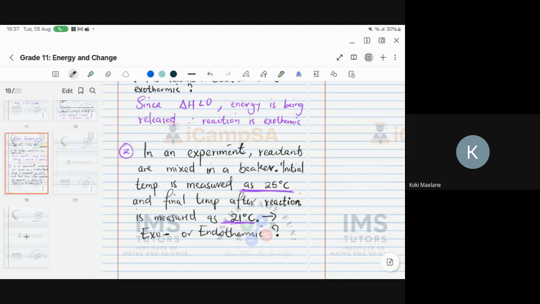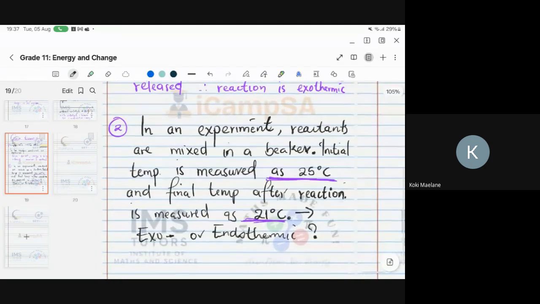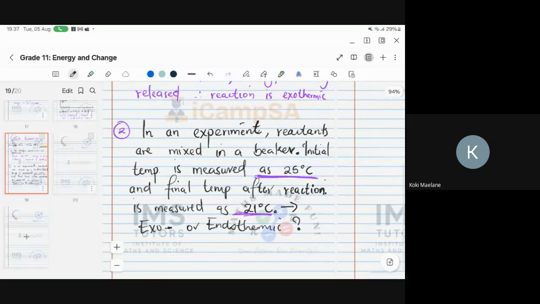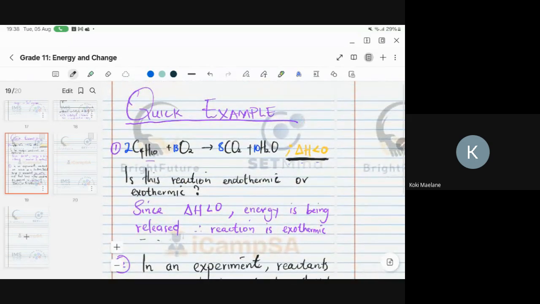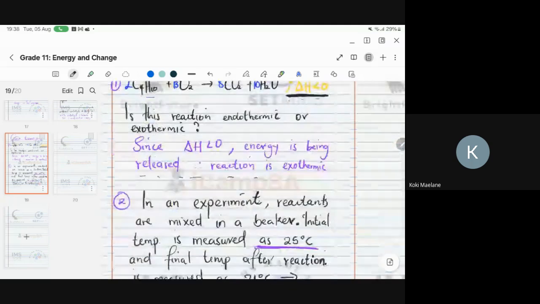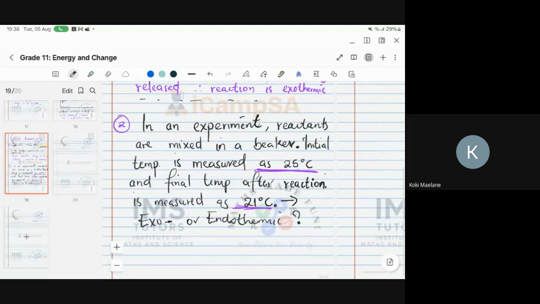Now, the question is, is this an exo or an endothermic reaction? If you are standing here and you realize a drop in temperature instead of an increase in temperature, unlike when you are with fire, where you will witness an increase in temperature, you will automatically know that is an endothermic reaction.